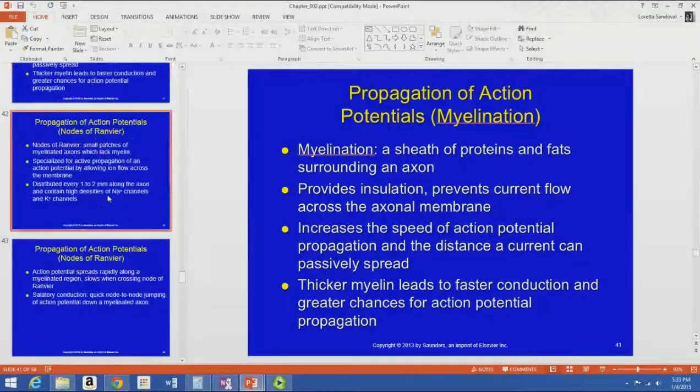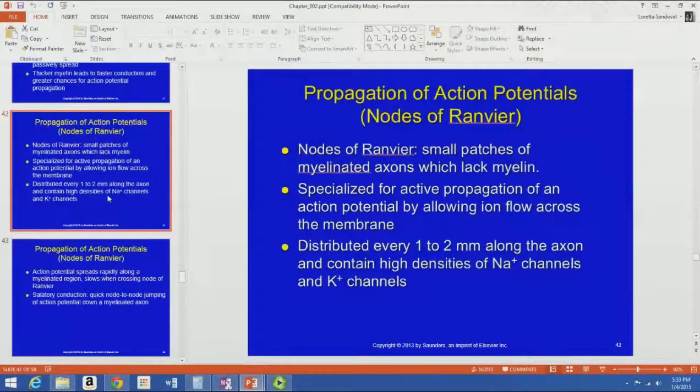So the nodes of Ranvier are the patches on the myelinated axons that lack myelin. It's basically the space in between two Schwann cells. And they're about every 1 to 2 millimeters along the axon, and remember, we said that passive propagation went 1 to 2 millimeters. How convenient. So it can passively propagate and hop those little nodes.